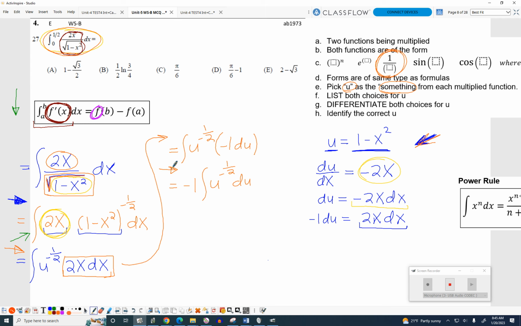So MJ, what do we do now? The blue sheet is exactly the place to look. Notice you looking at it, because this antiderivative fits one of the blue sheet formulas. So according to the blue sheet, MJ, what is the antiderivative of u to the -1/2 du the same as?